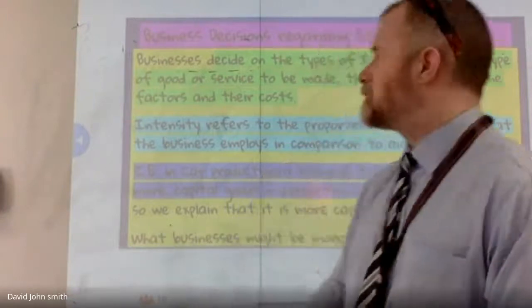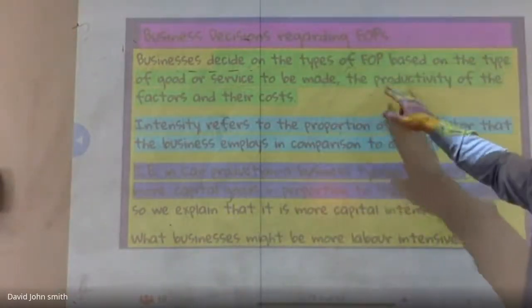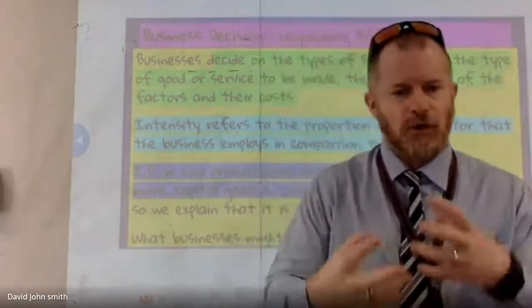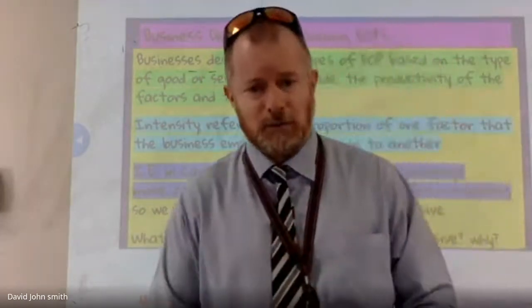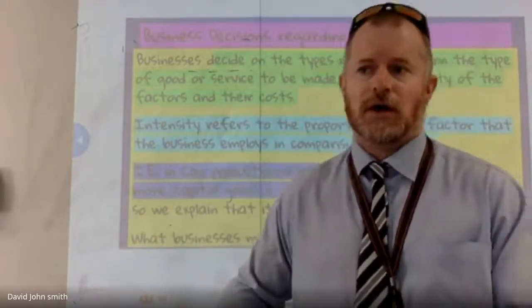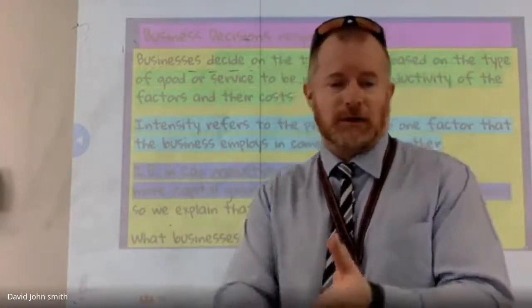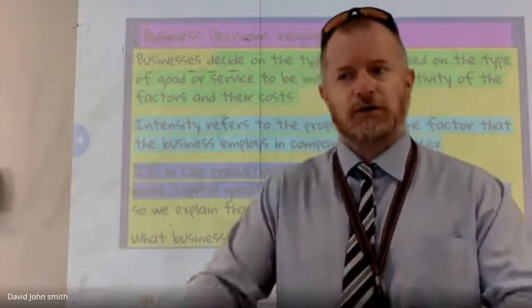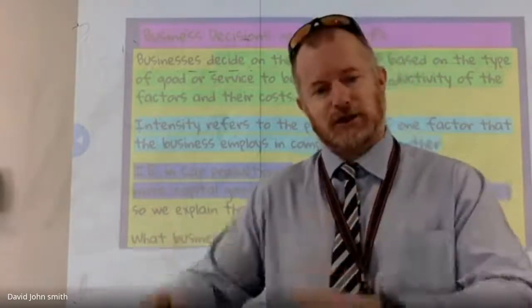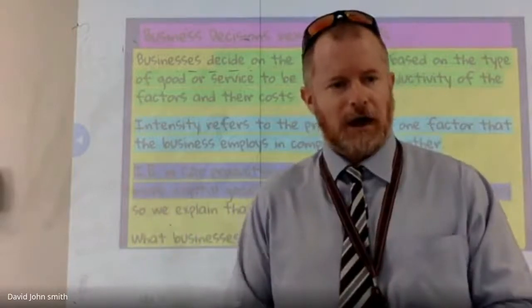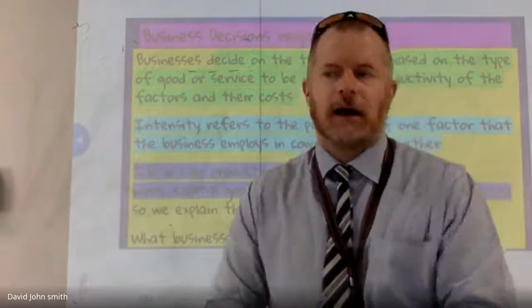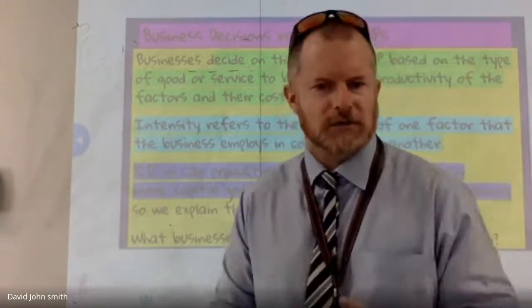And they're also going to make that decision based on productivity. Now the word productivity you've probably heard before. People might talk about the idea of productivity with business. So the rate of output per input, how good the business is at doing their job. How many hats can they make per hour? How many hamburgers at McDonald's can they make per hour?